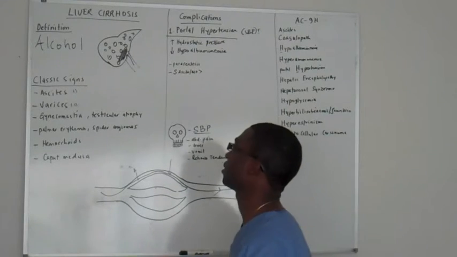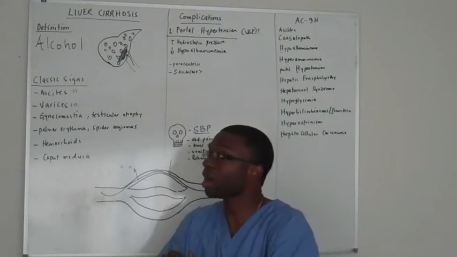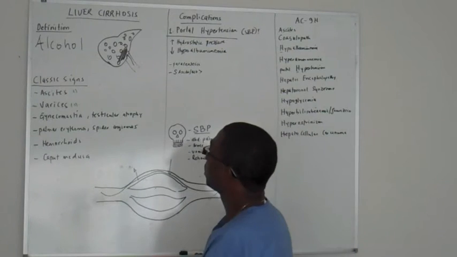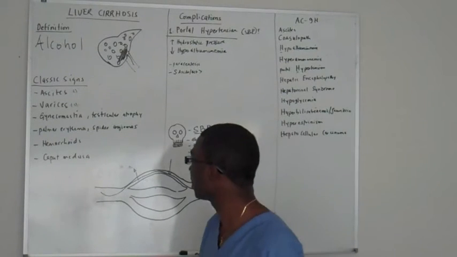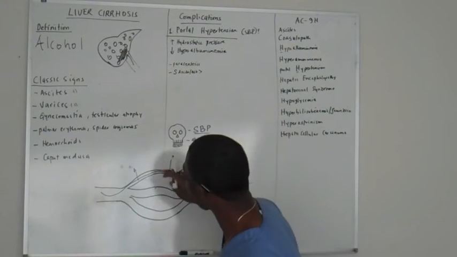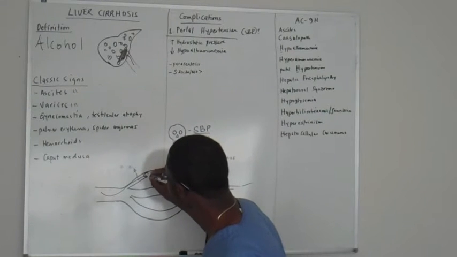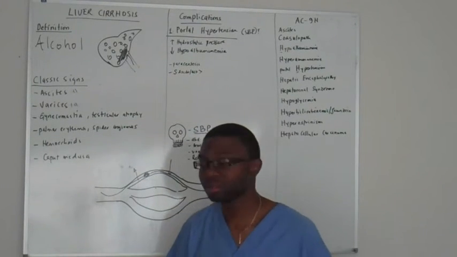On the other hand, what happens in alcoholic liver cirrhosis is you start to develop portal hypertension. What happens in this case is you lose the amount of albumin, right?